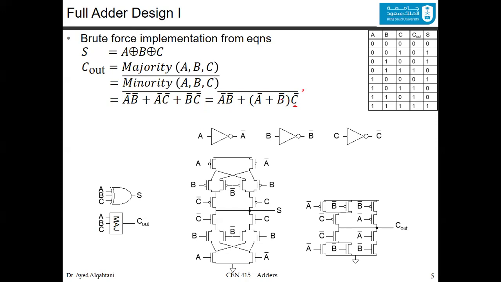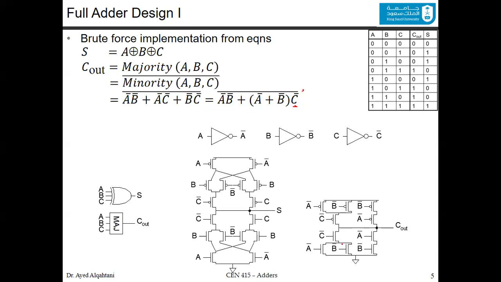Now, how to design this? You design this using the CMOS design. So for the carry out, since we have the bar over the whole function, we take whatever is below the bar and we design it in the pull down. You can see that the A bar and the B bar are in series.